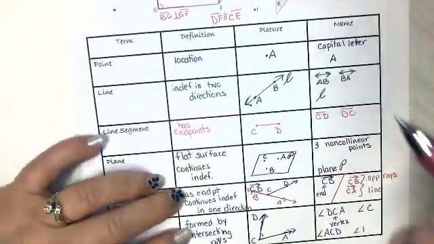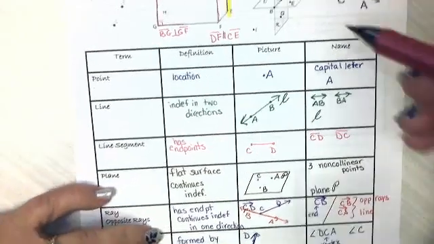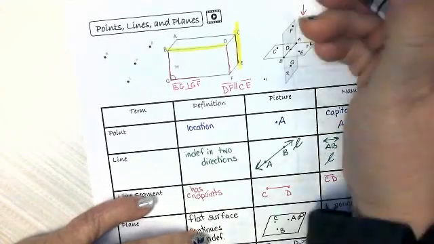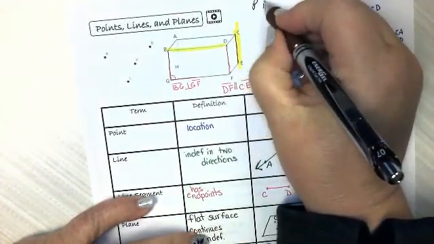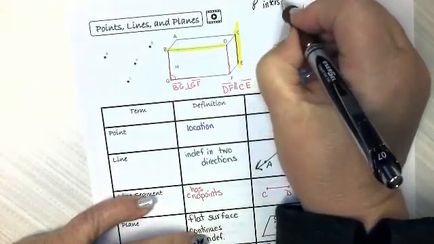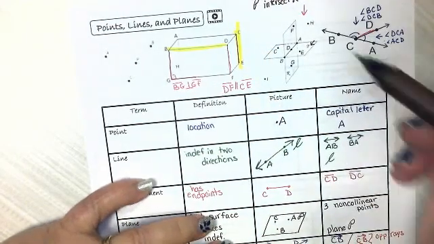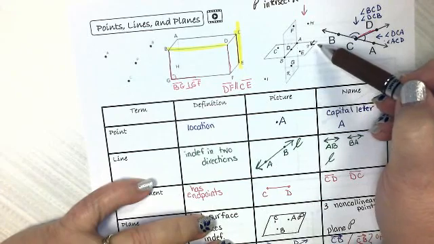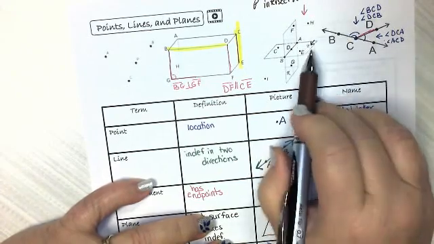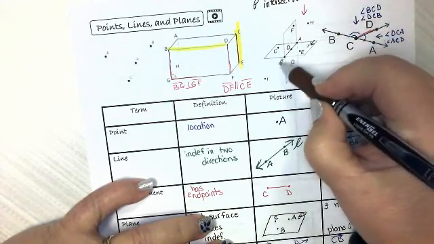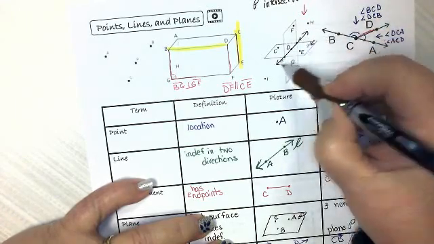A couple more things I want to mention. We have our planes up here in this picture. If I asked you, where does plane P intersect with plane R? Two planes intersect at a line. So if you notice, where does this plane intersect this one? Well, it's this line right here.